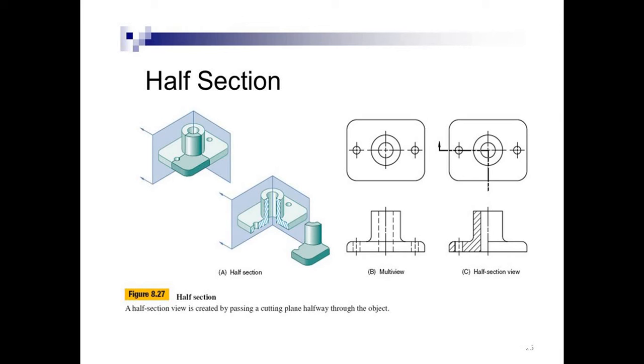Then the small hole is visible, as well as half of the inside hole, as shown in the half section view. In the half section of that isometric view, the dotted line and the sectional line show the clarity of the part drawn in the half section view, that is, in the case of sketch C.